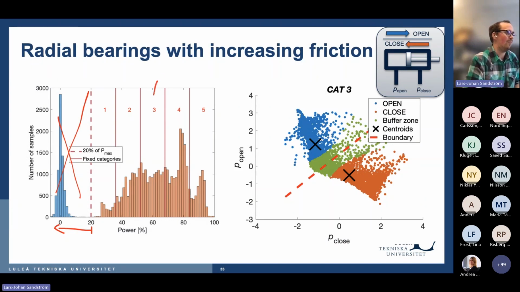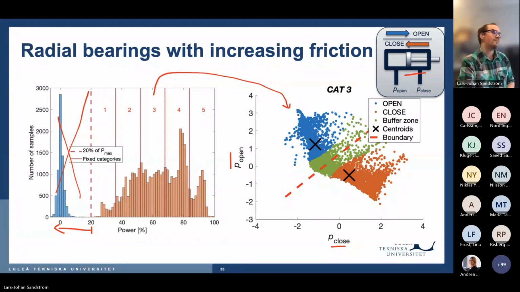So if we look at power category 3 here, and we plot the closing pressure versus the opening pressure in this piston, then we get a plot something like this. Now it's many colors, but I will explain them more. We can start with that we have some knee here in the plot.